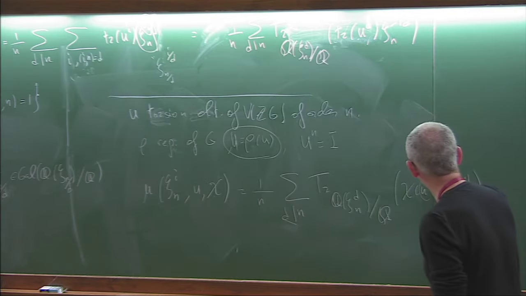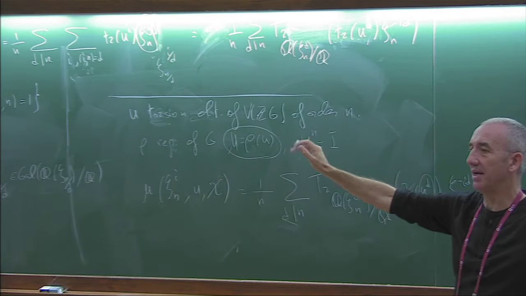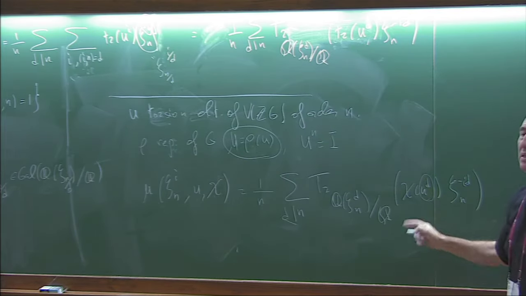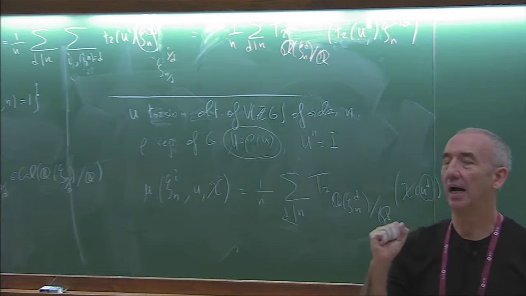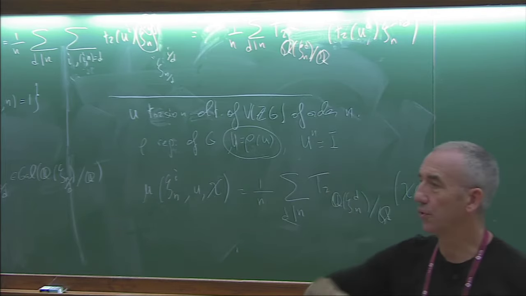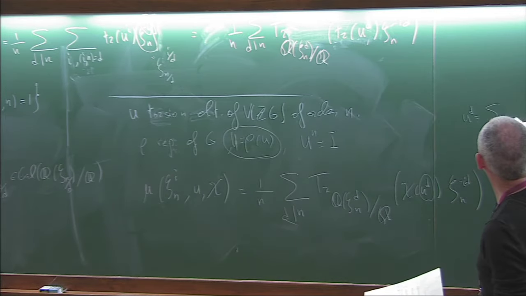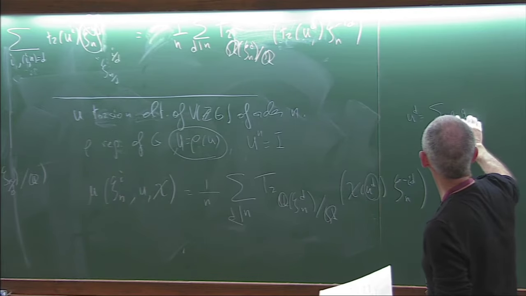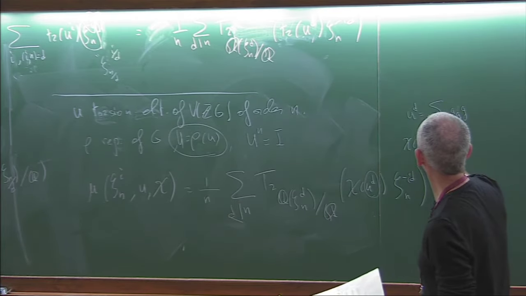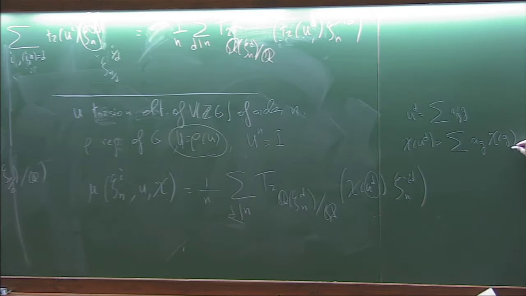Well, this is a group ring element. So I can write it as a group ring element and apply the character here, but the character is linear and a class function. Okay? So when you write this element as a linear combination of group elements and you apply the character, what you obtain is this, but in the same conjugacy class, this is constant.